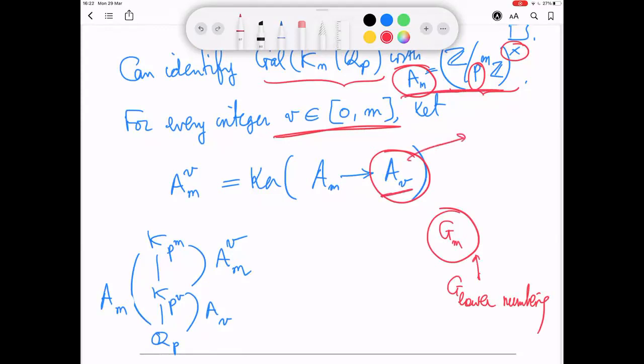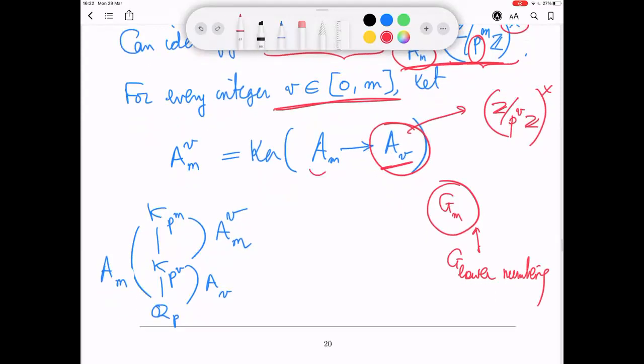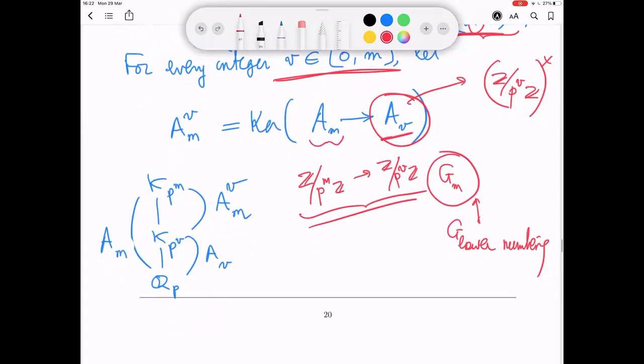What is A sub v? It's (Z mod p to the v Z)^*. Of course, there's a map from A sub m to A sub v, because there's a map from the ring Z mod p to the m to this ring, right? Map meaning a natural homomorphism. You all know what this is. That was in the first lecture.